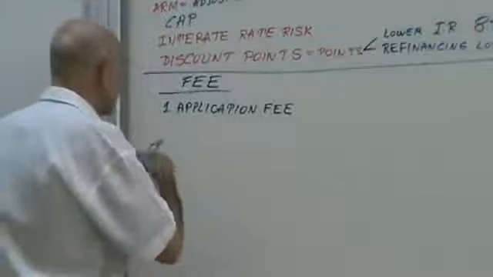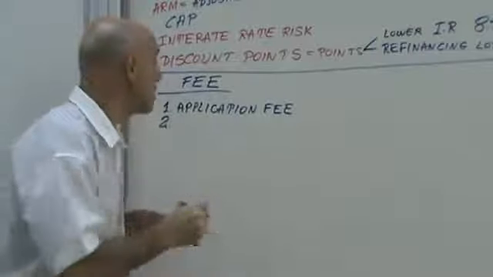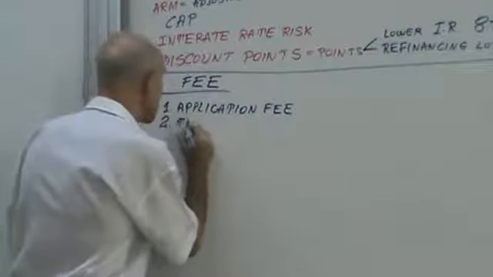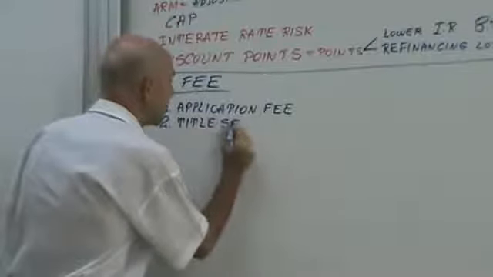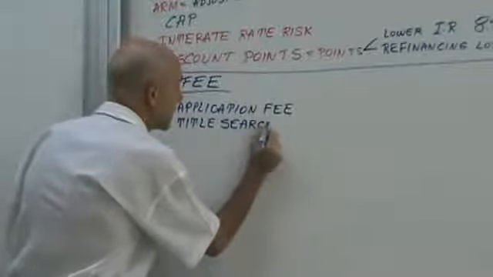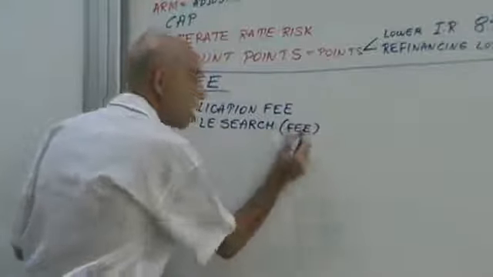The second fee, if there's going to be a real mortgage, the bank will do what's called a title search. It's actually a title search fee.